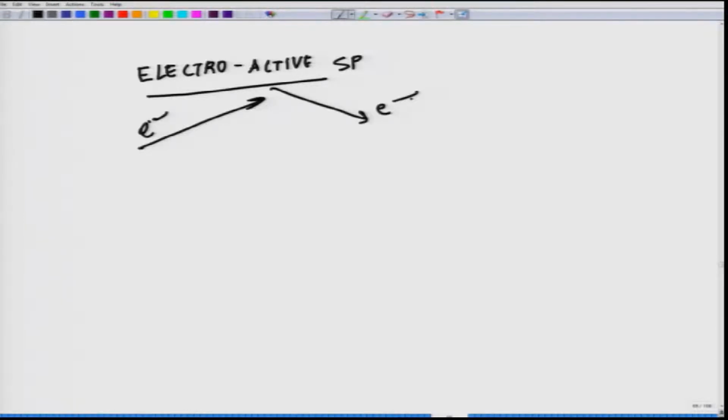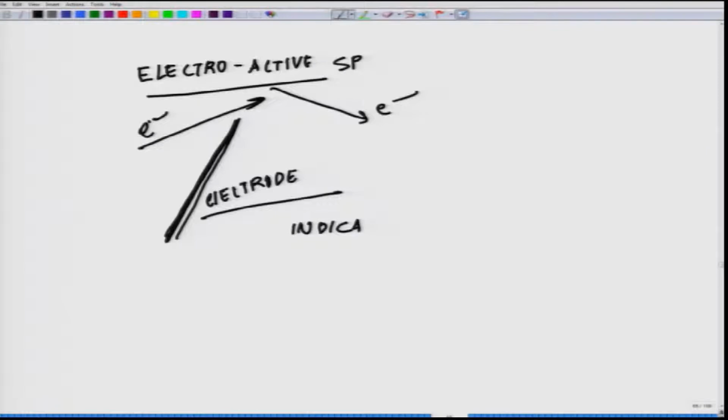It could be either a beggar for electrons or a donator of electrons, and the electrode which responds to analyte is called the indicator electrode. Okay. Indicator electrode.